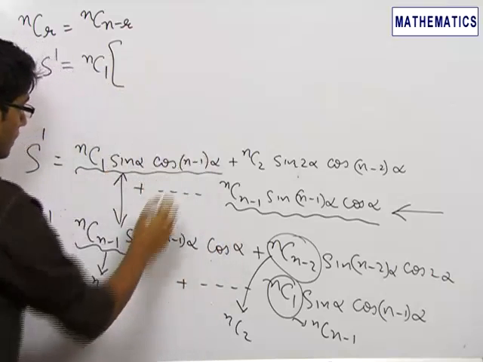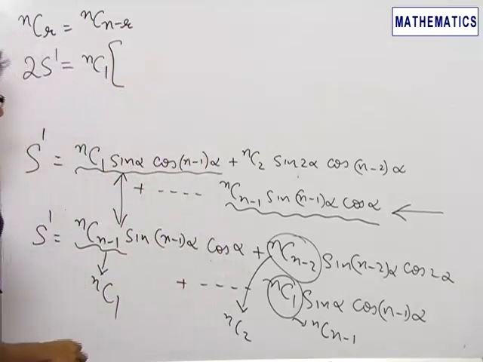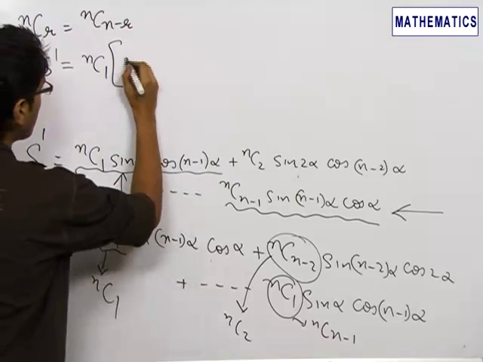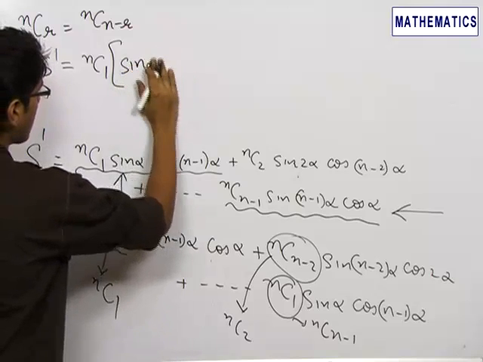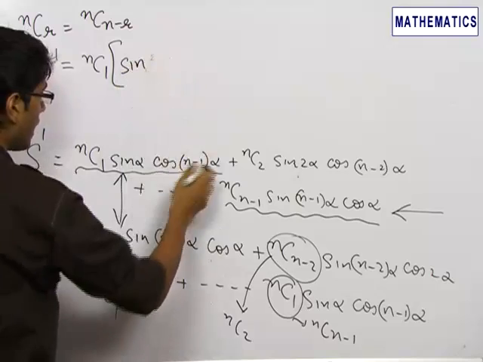This is sin A cos B plus cos A sin B, which is sin of A plus B. So we get sin of n alpha.